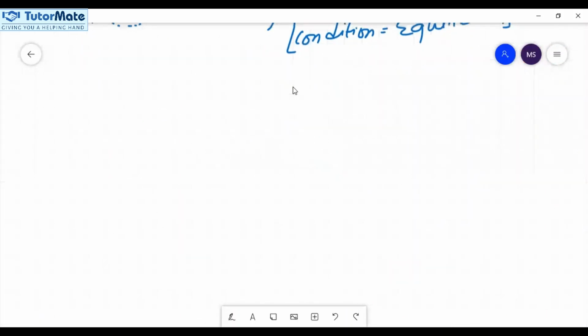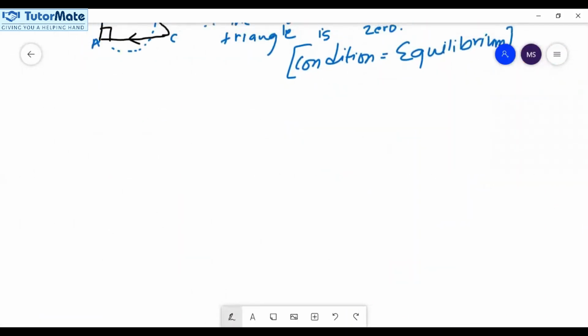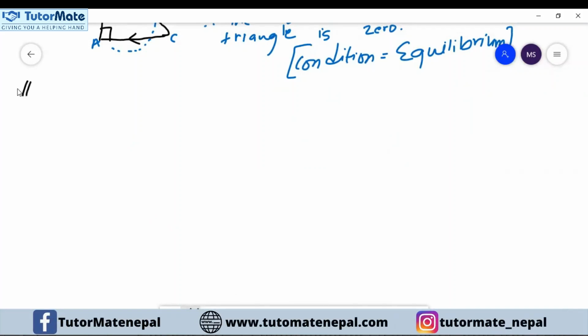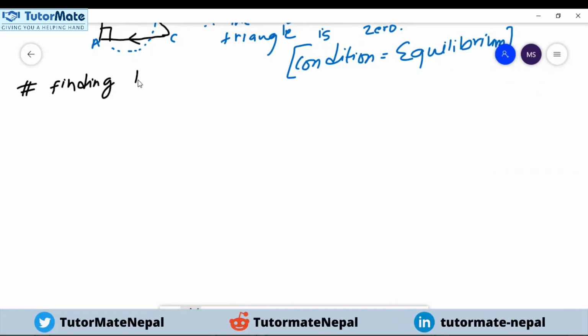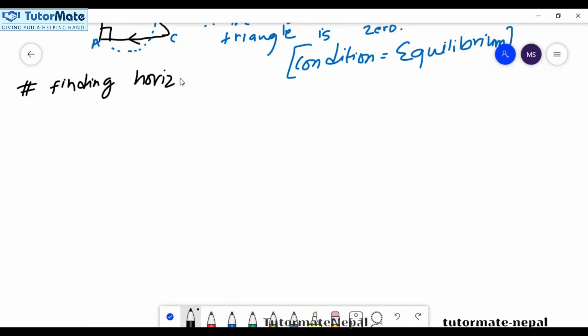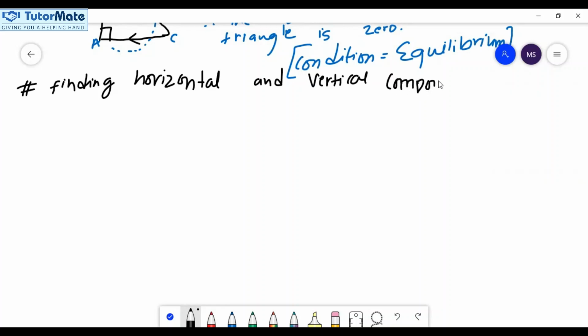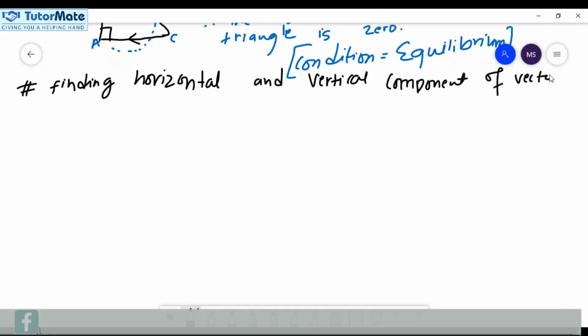Now, let's find the horizontal and vertical component of a vector.